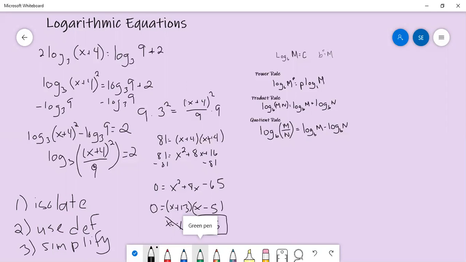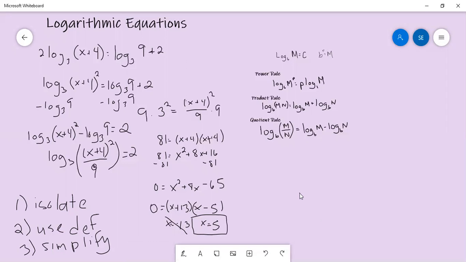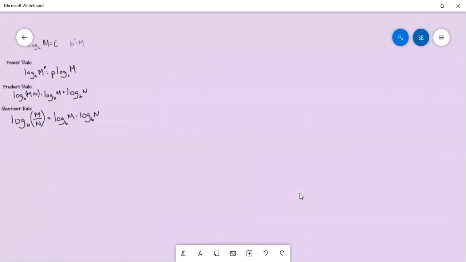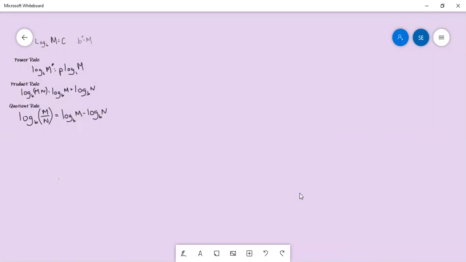Okay. The other type of example that we can do, I'm just going to move this over here so that we can still see this information, is where we have logs on both sides of our equation. And if we can get two simple logs equal to each other, then we can say that whatever is inside that log is the same.